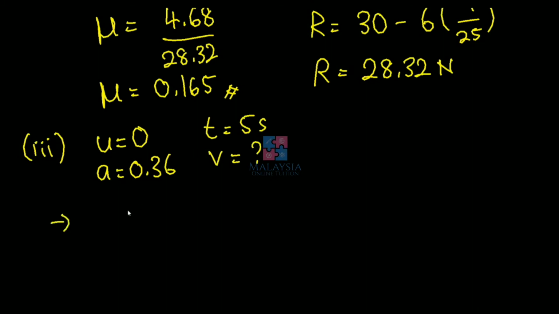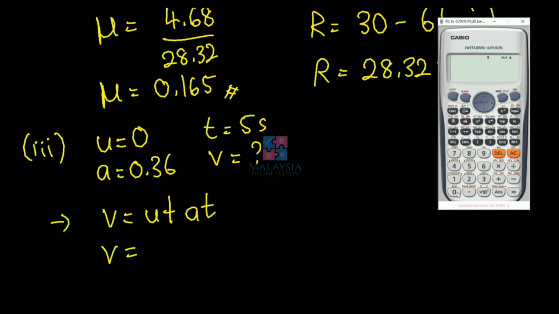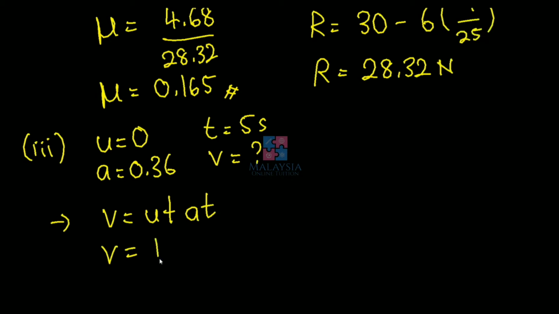So based on these 4 parameters, v equals u plus at is the formula that we can use. So v equals a times t, 0.36 times 5, we will get 1.8 meters per second for the final velocity before the 6 Newton force is removed.